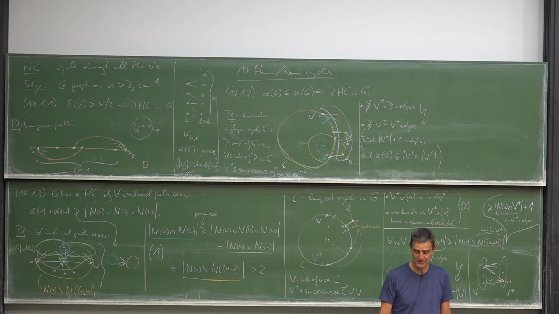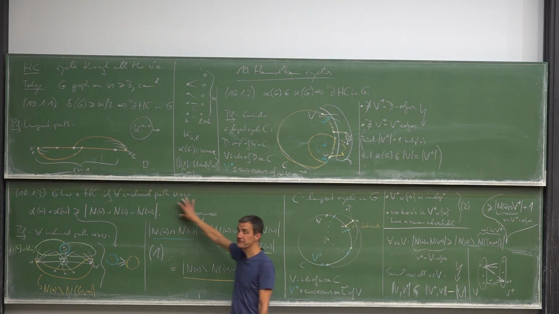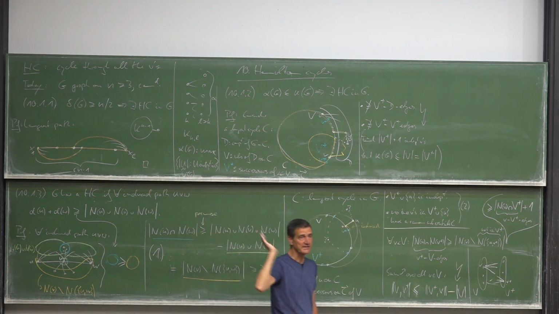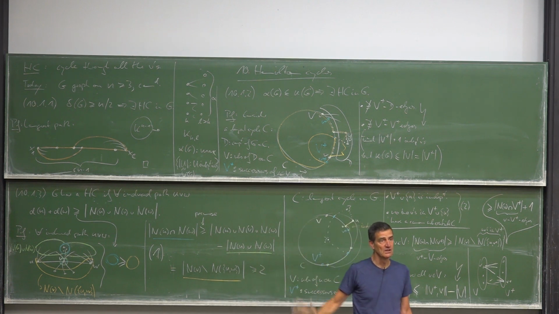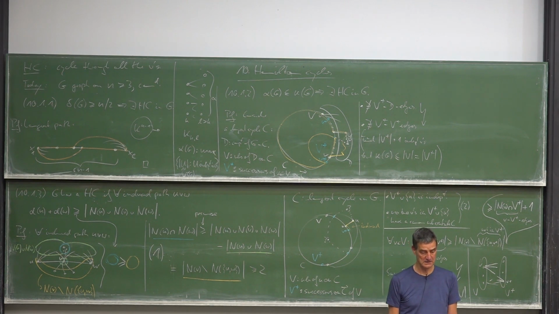But the paper is full of similar conditions, all technically strong in a sense. Well, not all of them, but this implies a host of strengthenings of Dirac's theorem that existed before. So it is a good theorem in the technical sense of implying lots of other things that were there before.